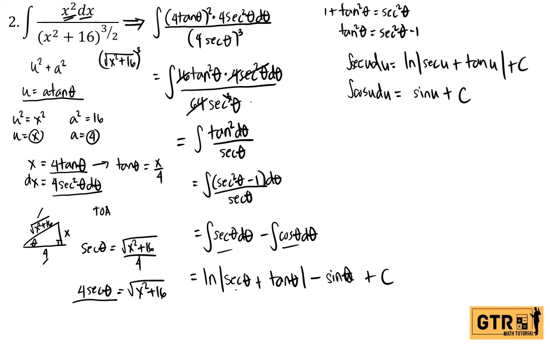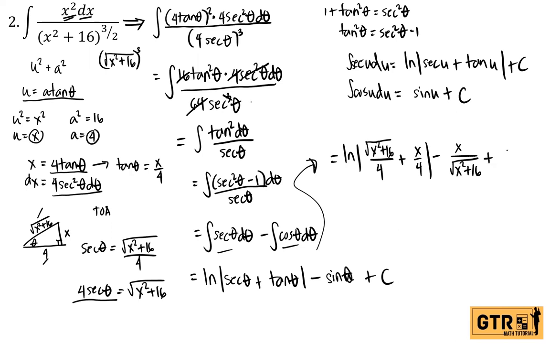So we have ln of secant theta, which is the square root of x squared plus 16 over 4, plus tangent theta, which is x over 4. Then minus sine theta. The value of sine theta is, SOHCAHTOA, opposite over hypotenuse, so x over the square root of x squared plus 16, plus the constant of integration c.